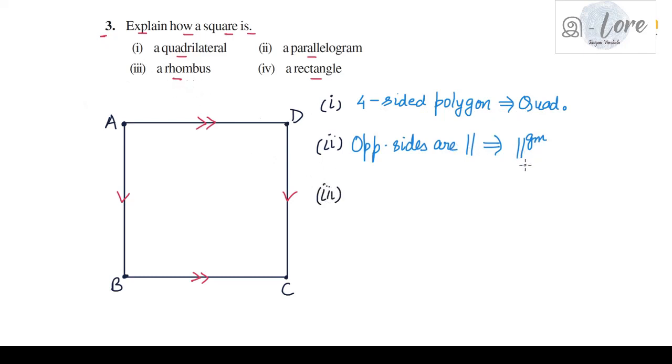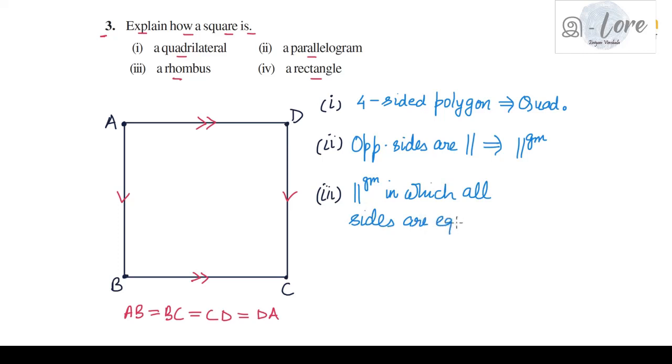We have shown that a square is a parallelogram. The other thing about a square is that all of its four sides are equal. So AB is equal to BC is equal to CD is equal to DA. So a square is a parallelogram in which all sides are equal, and this means that any square will also be a rhombus. So that explains part 3.